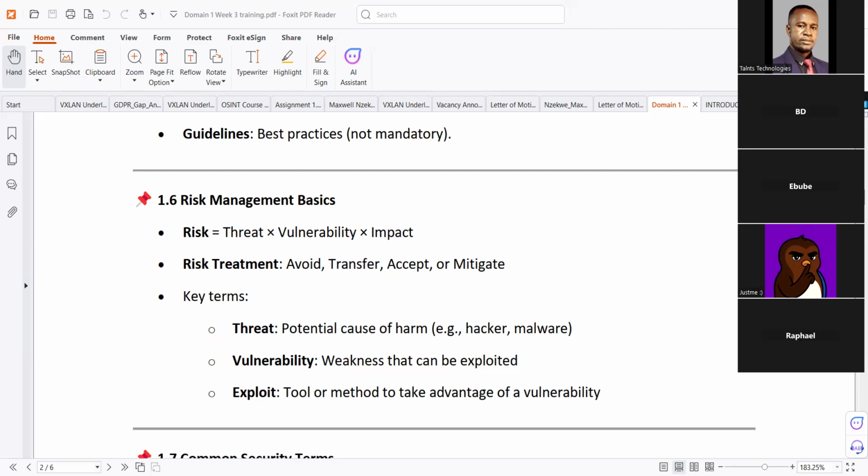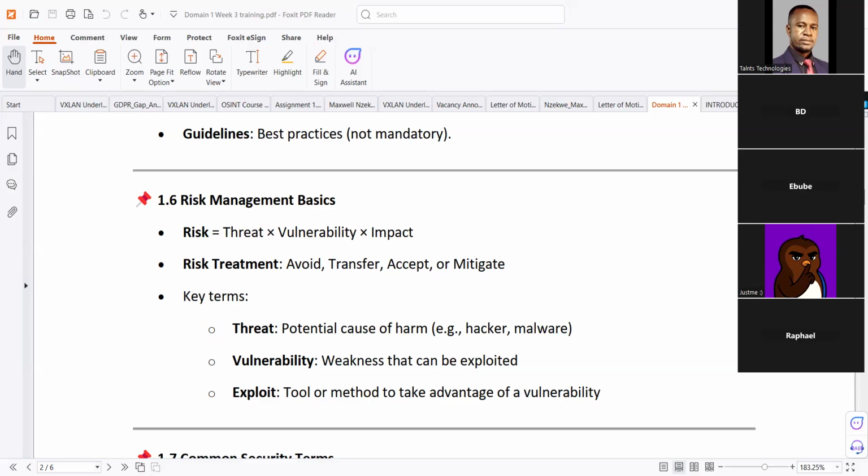It has the potential to cause harm, like a hacker, like a malware, and so on. What is vulnerability? It is a weakness that can be exploited, like outdated software. I gave an analogy yesterday: you close your door, you do not lock it, so when they push it, it opens. So these are vulnerabilities.